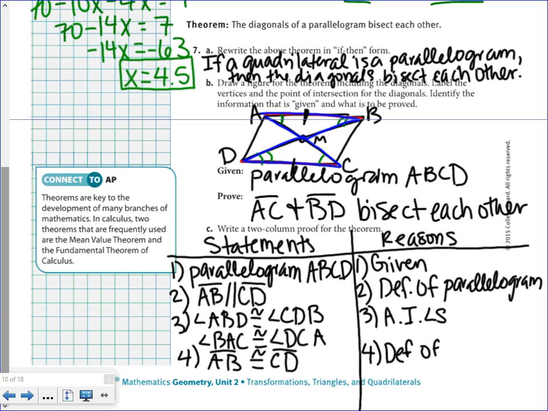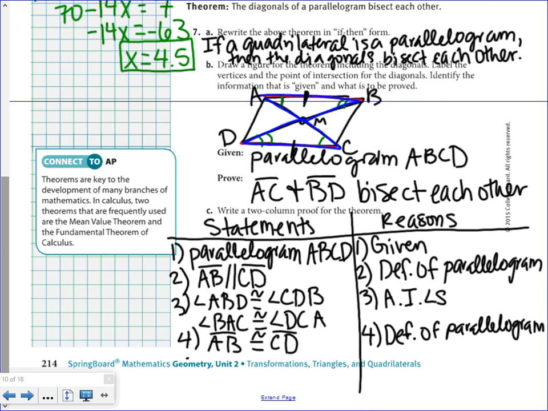That's part of the definition of a parallelogram. So now I have my two triangles are congruent. And the reasoning that triangle AMD is congruent to triangle CMD is by angle, side, angle.